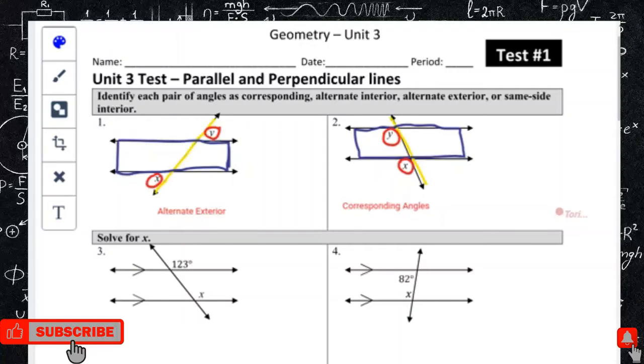For 3 and 4, we are being asked to solve for X. So we're going to use what we know about those angle pairs, corresponding, alternate interior, alternate exterior, same side interior, when the lines are parallel, because I can see we have these arrows on our lines signifying that the lines are parallel.